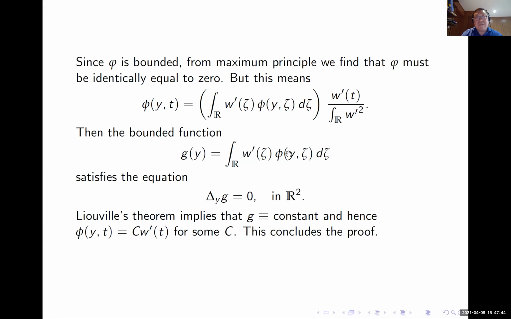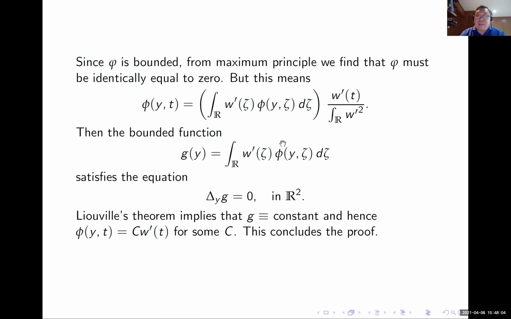And this shows that this must be 0. So you get this function, which is just a harmonic function, and so it must be constant. And so you prove that the kernel must be just C times W prime.